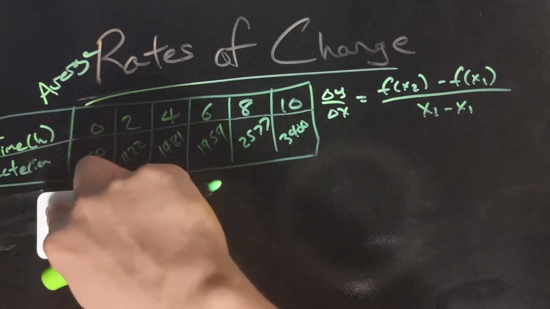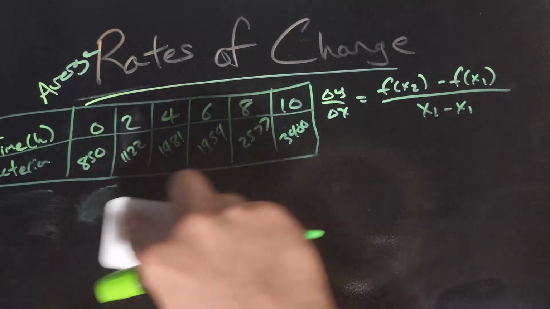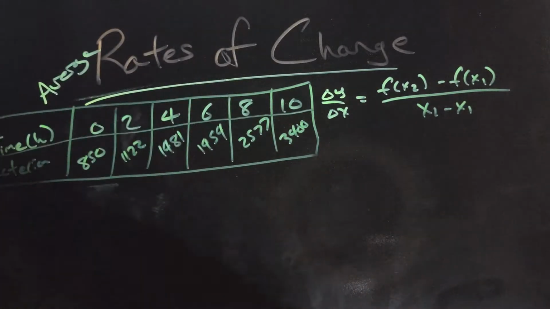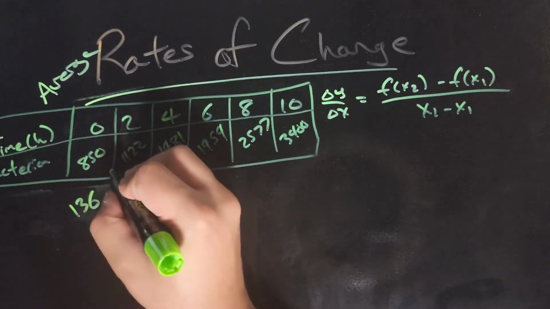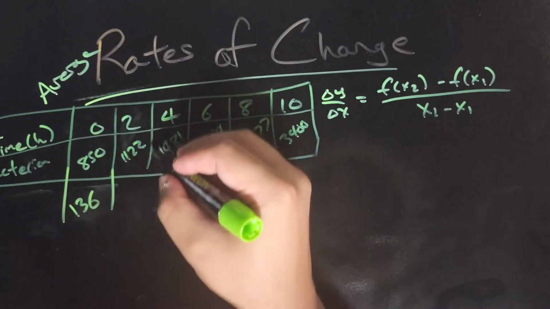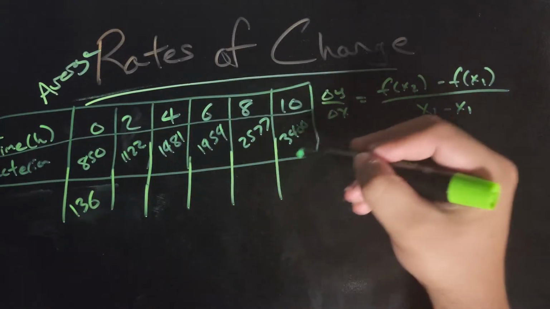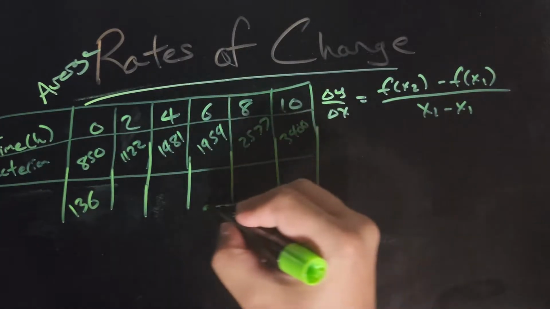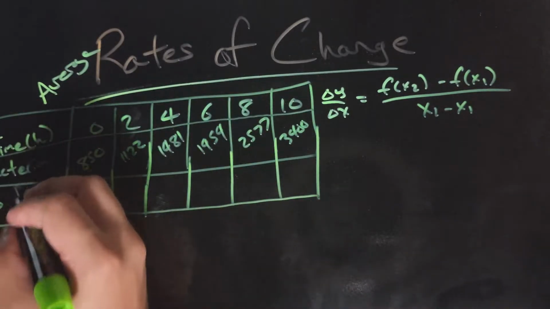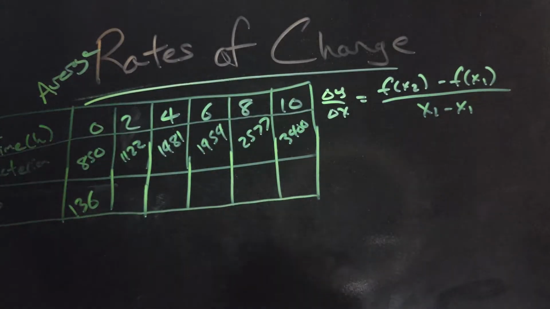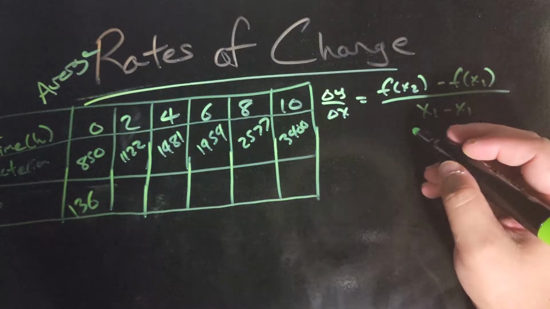Write that here. So 136. Let's put delta, just to see the rate of change. Now we can do the rest for the others.